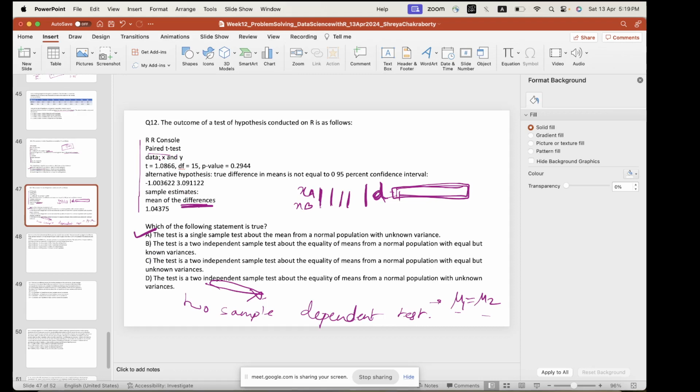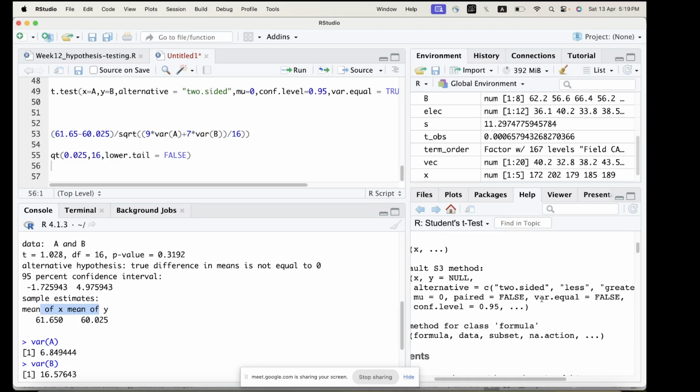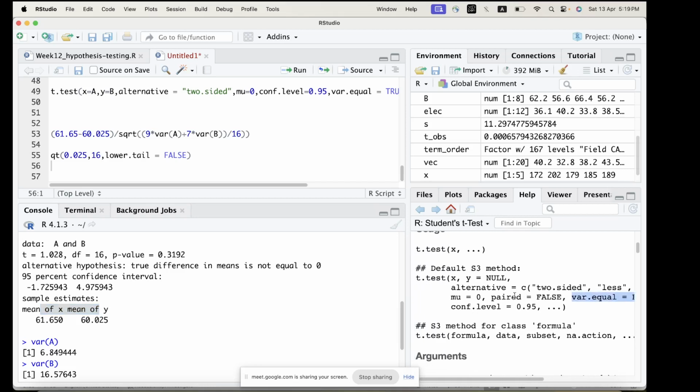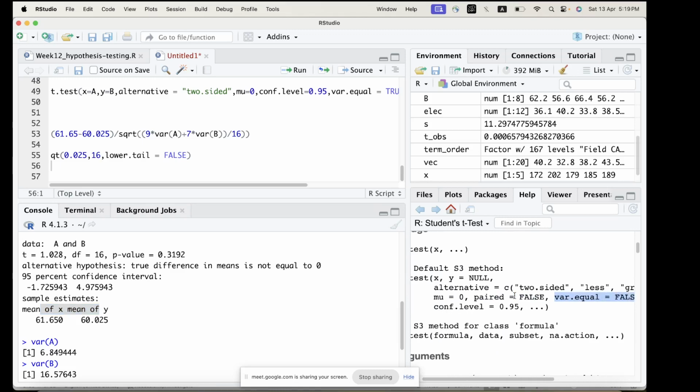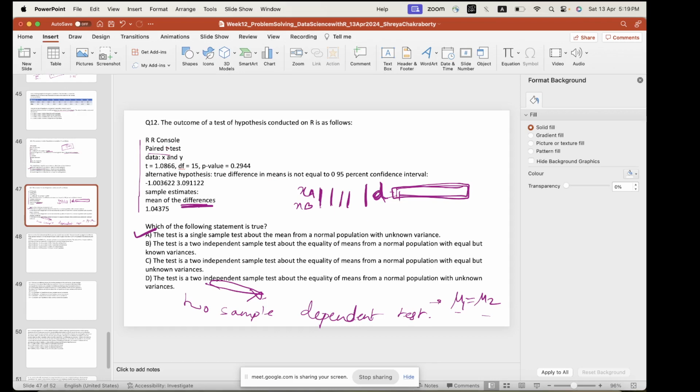For the paired t-test, if you look at the R console, the first thing is it is a t-test. A t-test you do when you have unknown variances, it's not a z test, right?